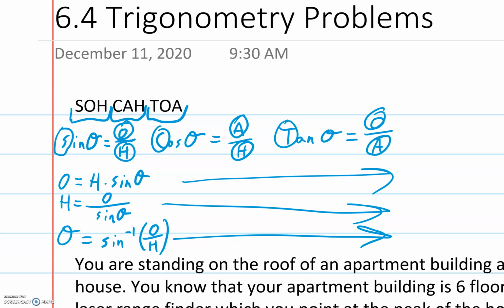They're all the same, essentially. You just have to rearrange them with SOHCAHTOA in mind, with the order in mind.